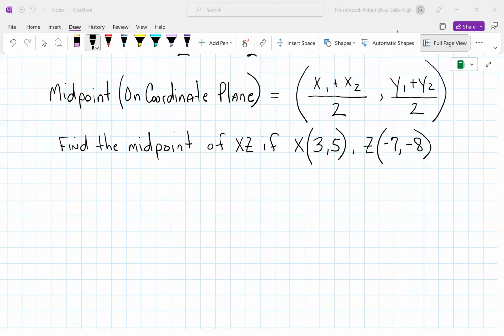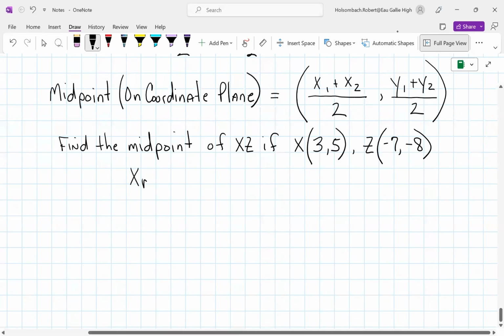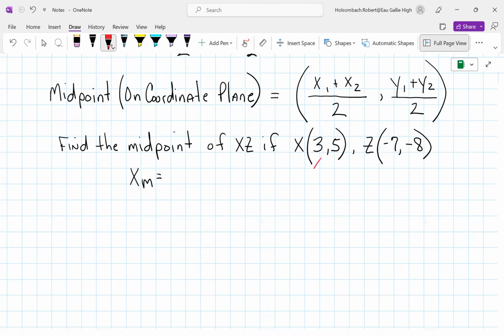All right, so we need to find our x at the midpoint first. So I'm going to use this terminology. I'm going to say that x at the midpoint is equal to, here's my x sub 1 and my x sub 2. And the 5 here is my y sub 1 and my y sub 2.